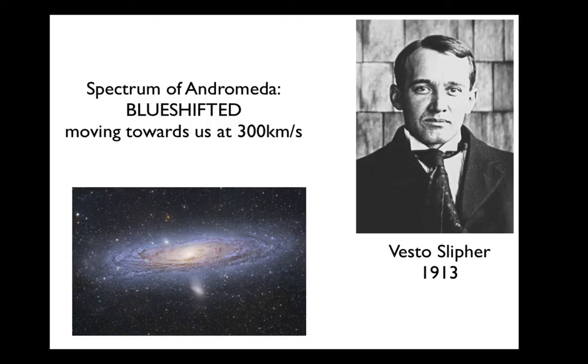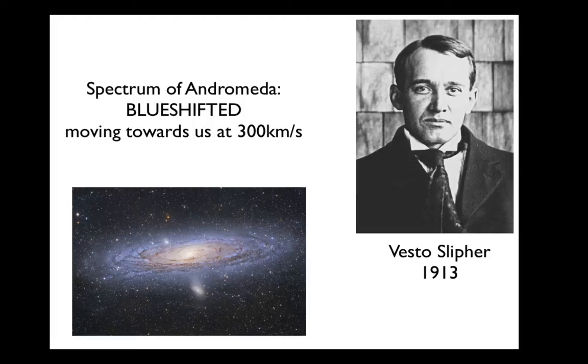So the first real hint that these galaxies must be outside of our own galaxy, and therefore their own little universes, came from Vesto Slipher. He was an astronomer working in the early 1900s, and he was the first person to take a spectrum of a galaxy and find that the spectrum of the galaxy was blue shifted.